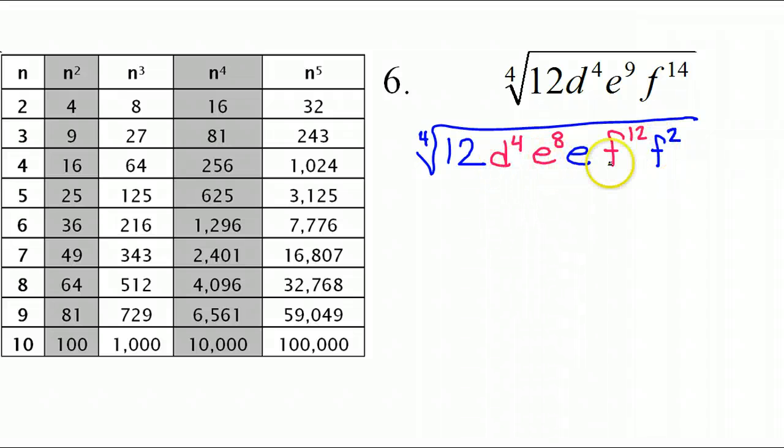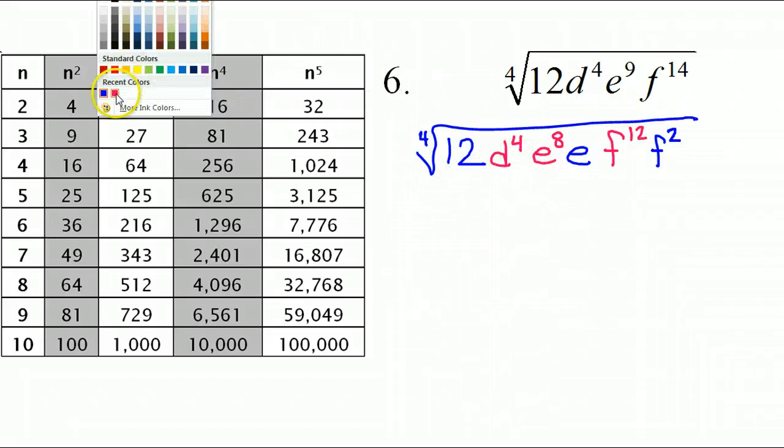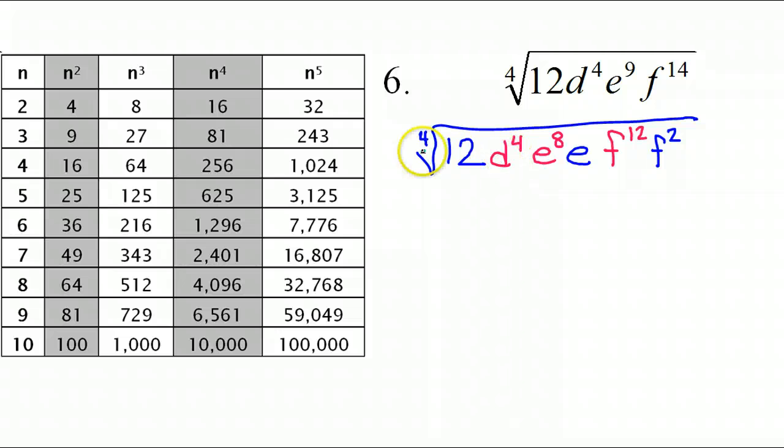So once again, everything shown here in pink will be simplified and brought out of the radical. So d to the 4th power will become d. I divided by 4. E to the 8th power will become e squared. I divided by 4. F to the 12th power will become f to the 3rd power because I'm dividing by 4.